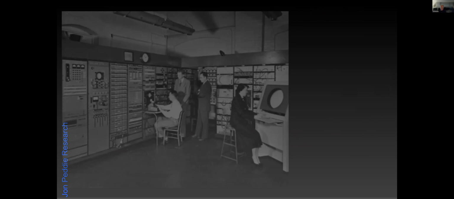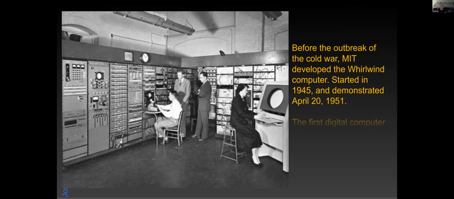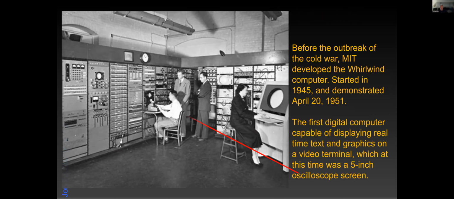So now we're going to jump all the way back. But I told you I can't do this in a straight line, and try and tell the story of computer graphics a little bit differently. Back to that Whirlwind computer, remember him? And what you see is a guy sitting there looking at a thing that's called an oscilloscope.